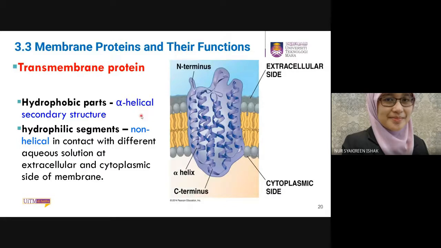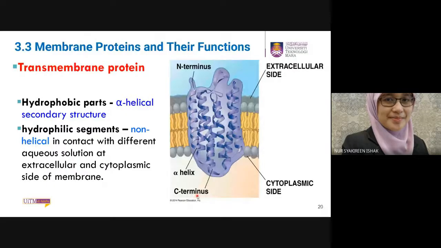Wrong. Okay, amino acid is the monomer within the protein. So make sure you know when to use these terms. Alpha helical secondary structure of polypeptide chain. Okay, like that. Because it consists of polypeptide chain, whose monomer is the amino acid.